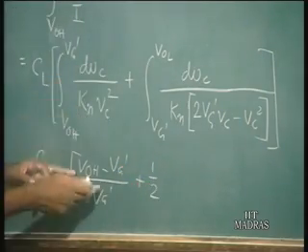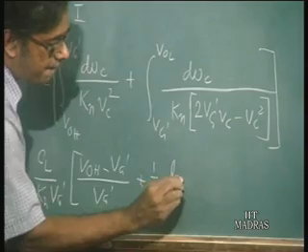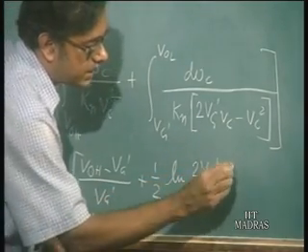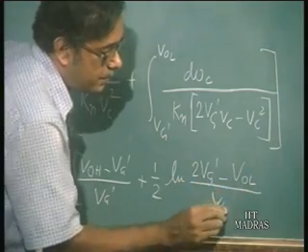So, this is for this part, then this part is half ln of 2 Vg prime minus VOL by VOL.